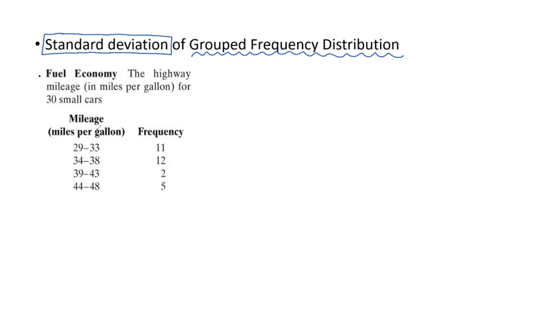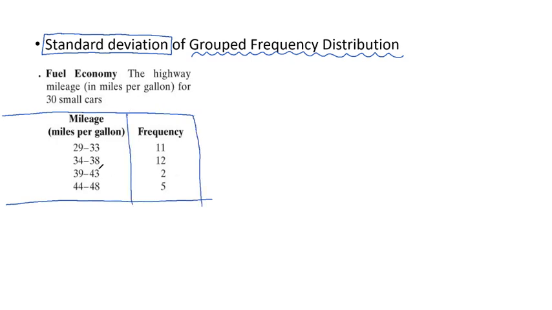On this example, we have to find the standard deviation. Actually, the standard deviation was on the screen when we found the mean. In order to find these measures, all we do is get an approximation of what the data values are, the best estimate we can get for the data values, by creating another column, which is the midpoint.